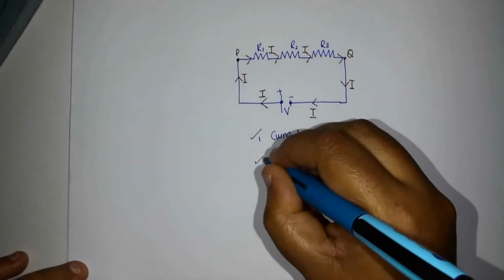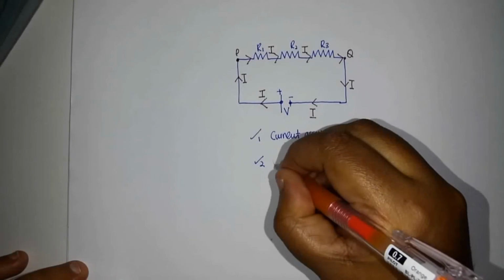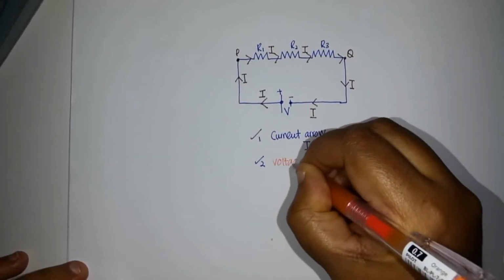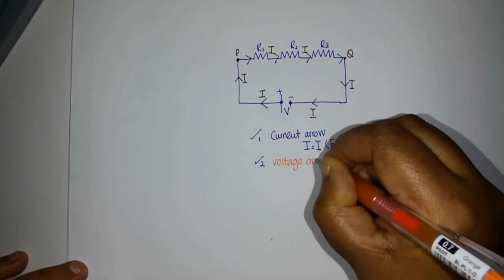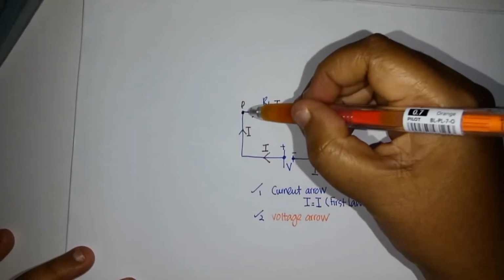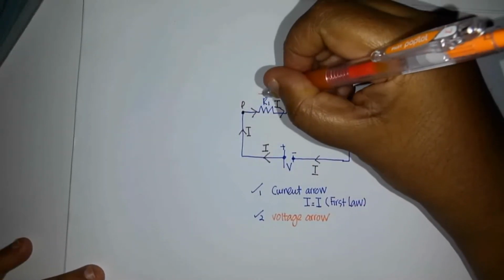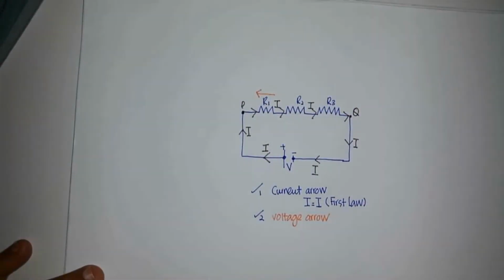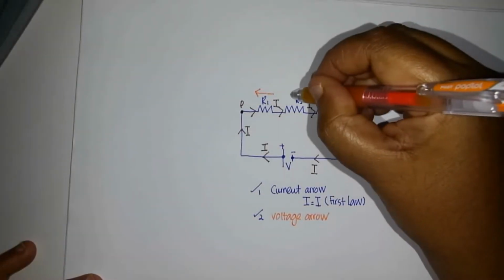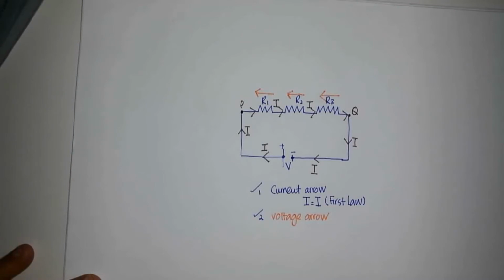Next what I do is I draw the voltage arrow. The voltage arrow will be the direction of positive voltage. So if the current is in this direction, the positive voltage arrow will be in the opposite direction. Same goes to here. Same goes to here.